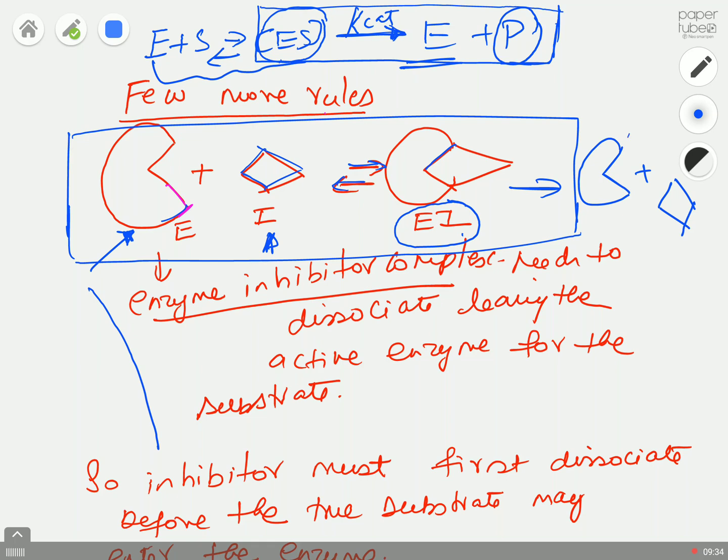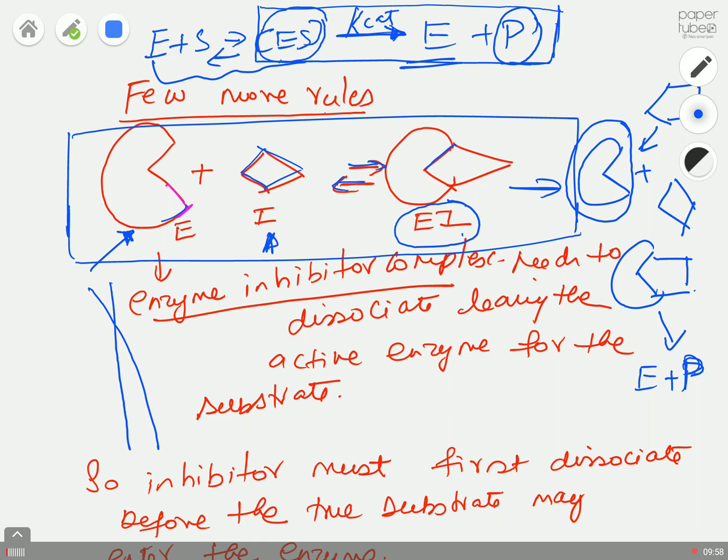Once you have a free enzyme, your substrate can combine with this enzyme, and then eventually it can form an enzyme substrate complex, and this can be converted into enzyme plus products. So that's the whole idea behind that. Whenever we are going to deal with a competitive inhibitor, there is one more rule that you have to remember.